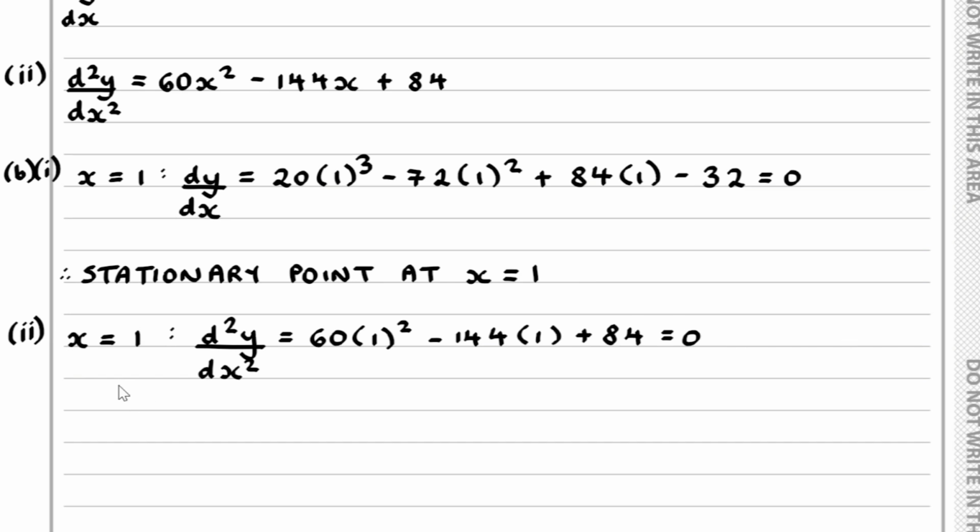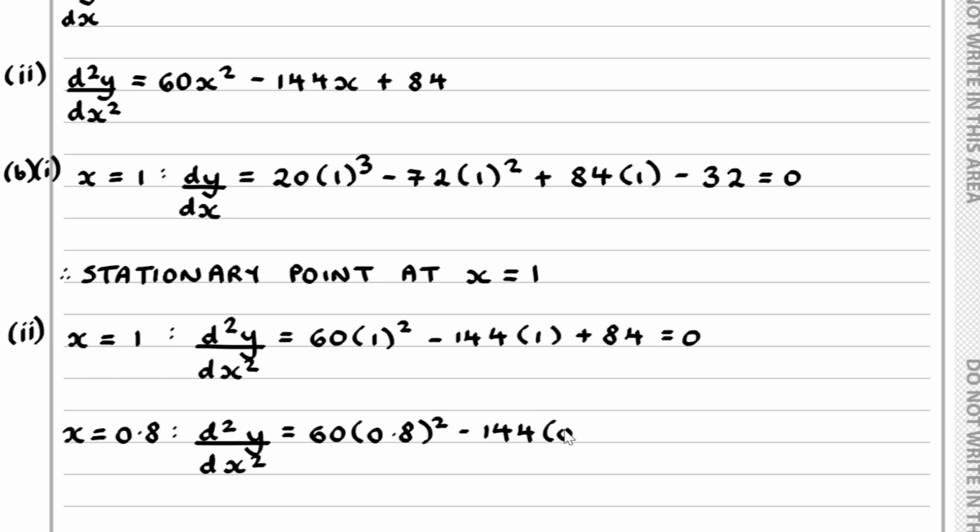And then, choosing points either side but very close to x equals 1, for example, x equaling 0.8, d squared y over dx squared, we have 60 lots of 0.8 squared minus 144 lots of 0.8 plus 84.